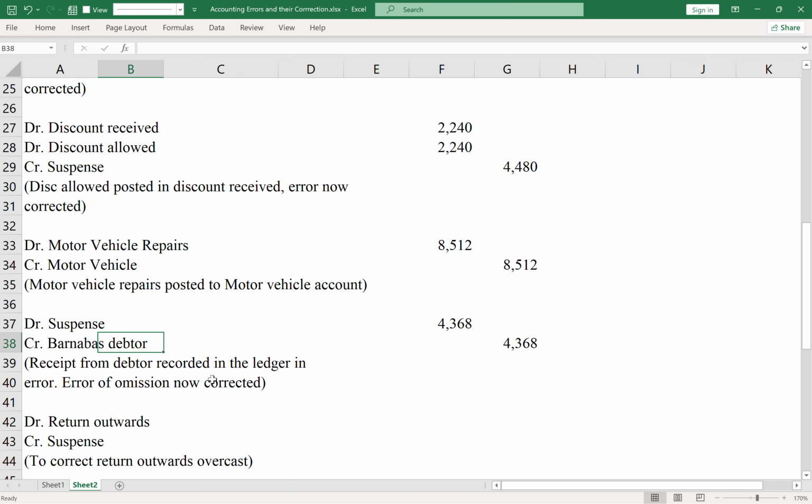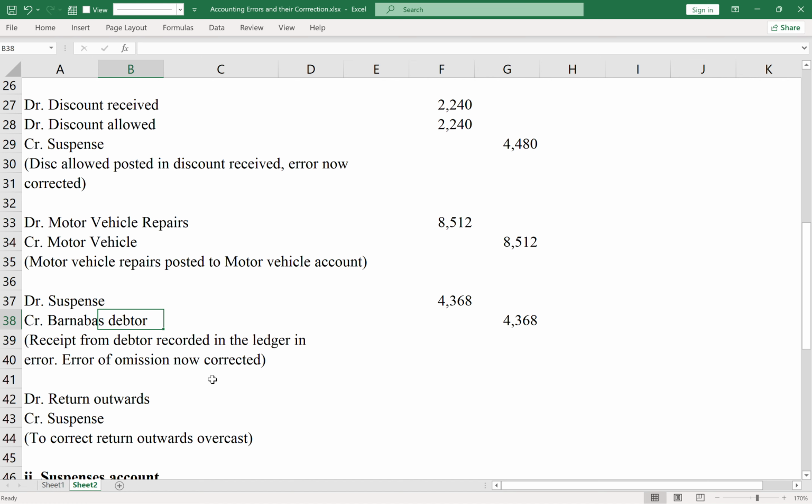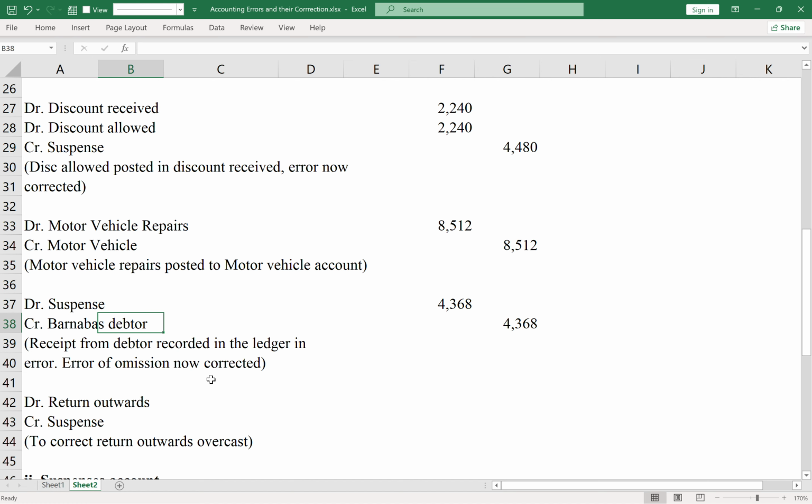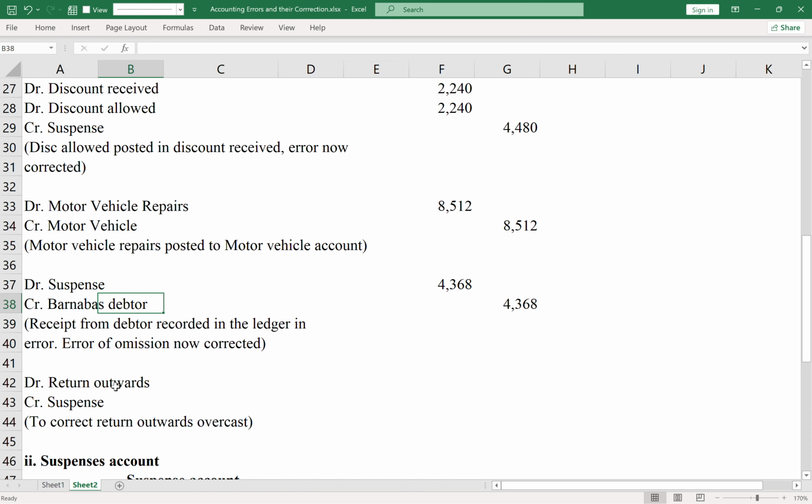Okay, then we have the last one. Return outwards had been overcast by 5,600. So here we are going to debit the return outwards, since the return outwards had been overcast by 5,600.